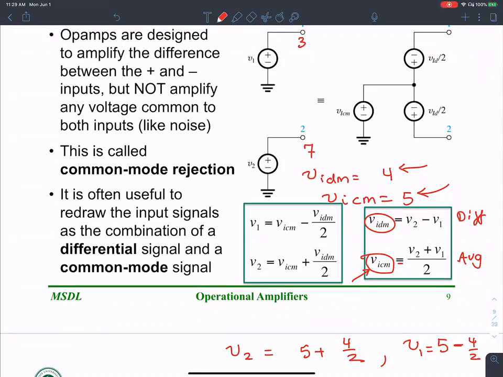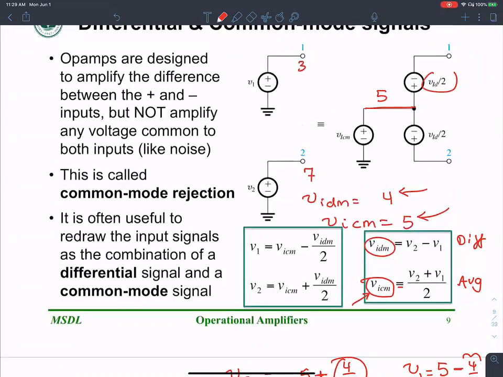So a number above average, a number below average. If average is 5, 5 minus 2 is 3, which is the same as this, and 5 plus 2 is 7, which is the same as this.